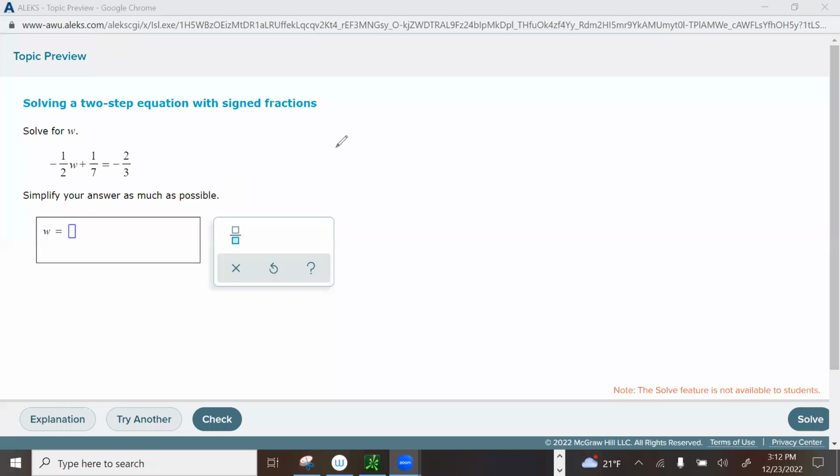All right, now let's take a look at this little piggy. Okay, so we've got a number multiplied by the variable, number added to the variable. We've learned in the past, we're going to handle the added number first. So I'm going to subtract 1/7 from both sides.